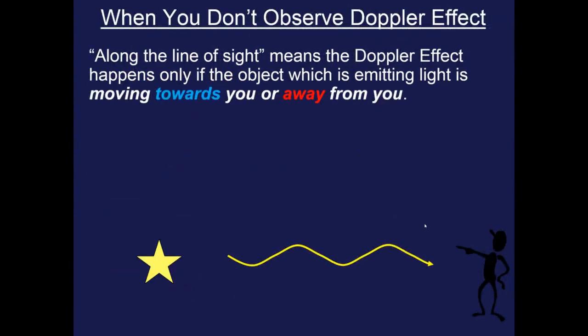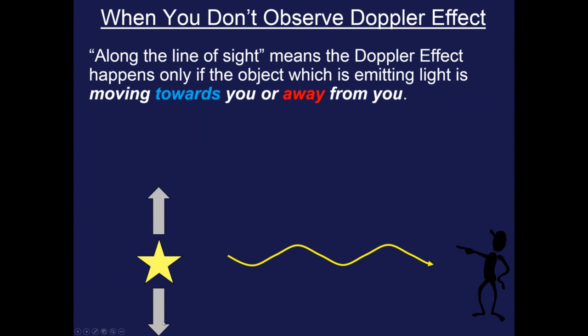So overall, colors do not normally change, not very much at all. And keep in mind, the thing actually has to be moving towards or away from you. It's along the line of sight. So if the thing is moving to the left or right, then this person will notice a Doppler effect, potentially. But if it's moving on this screen up or down, is it moving towards or away from this person?